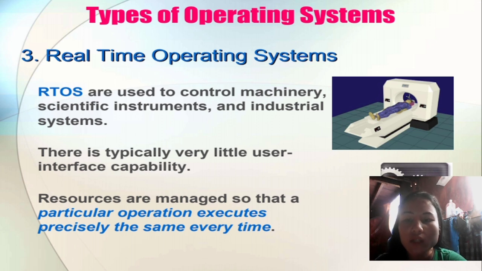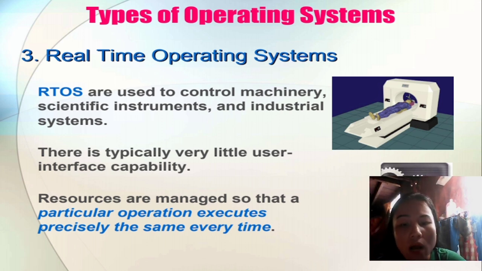Resources are managed so that a particular operation executes precisely the same way every time. The images show a CT scanner as an example of a scientific instrument, and gears as representative of machinery.